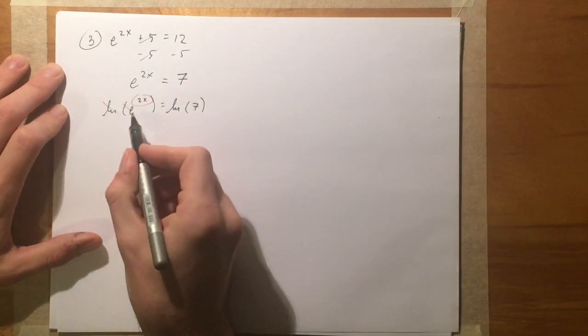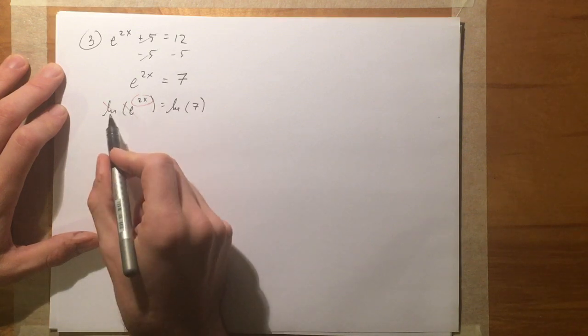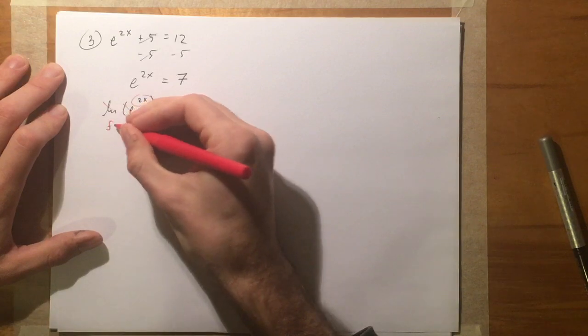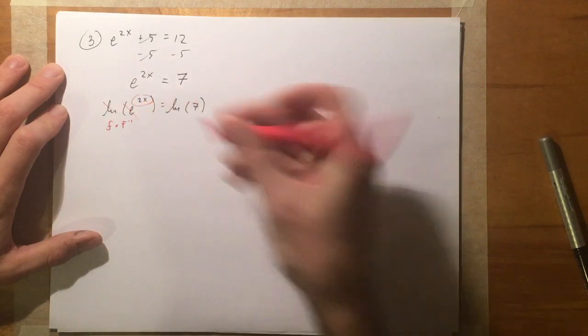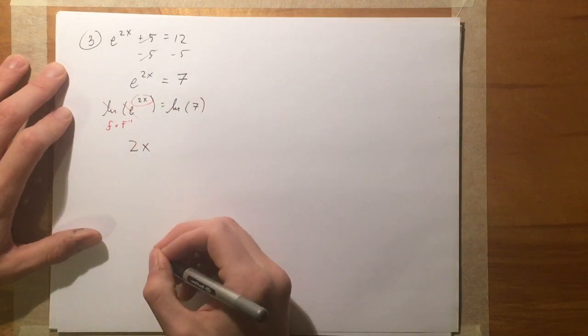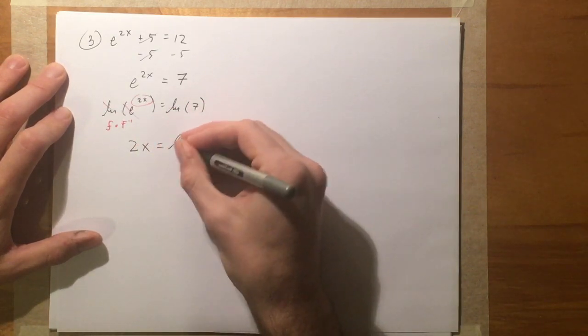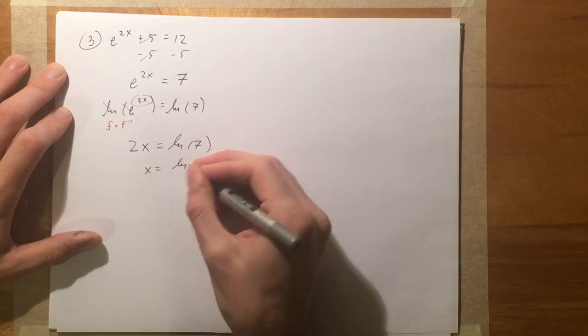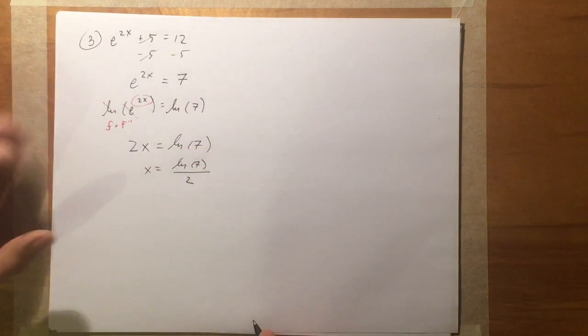These are both base e, natural exponential, natural log. Their bases are the same, so this is like f composed with f inverse, okay? They're going to cancel out, and I'm just going to get 2x by itself on the left side. The right side is still the natural log of 7. So now my x is just natural log of 7 divided by 2.